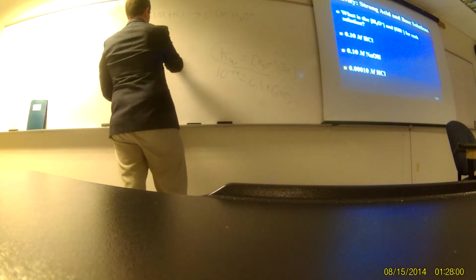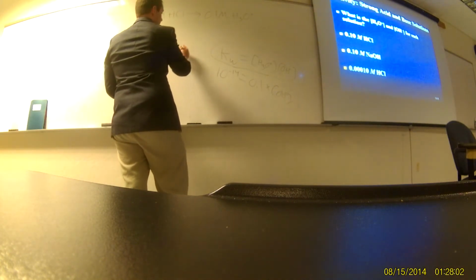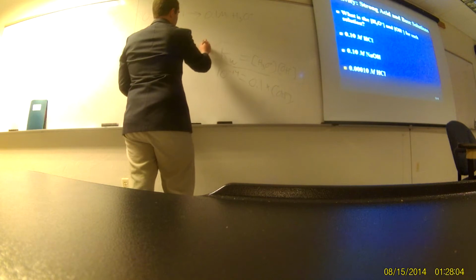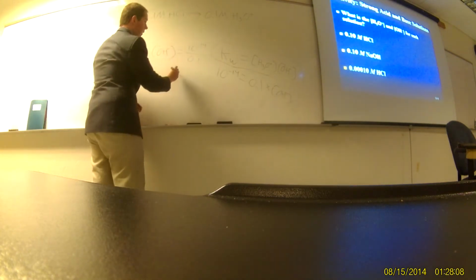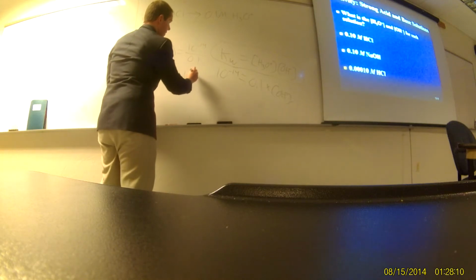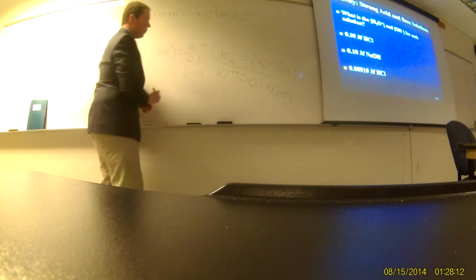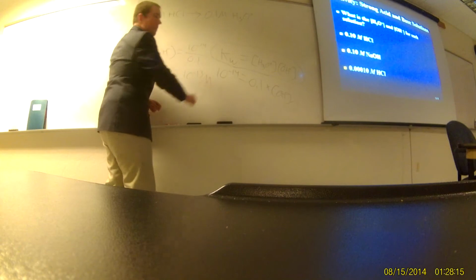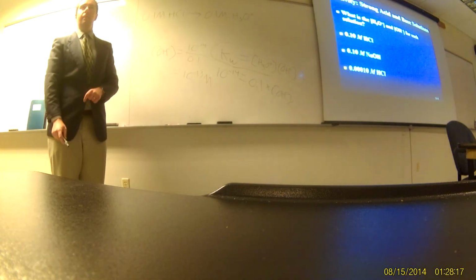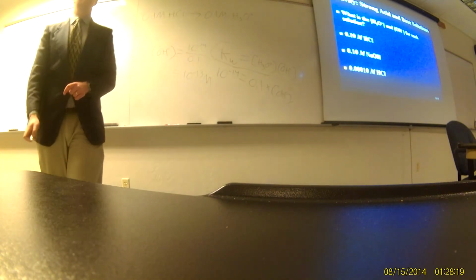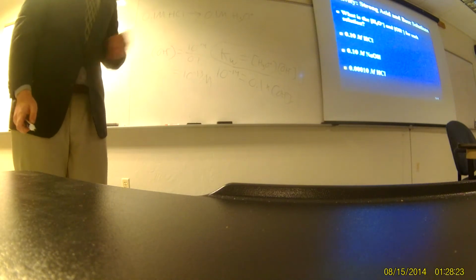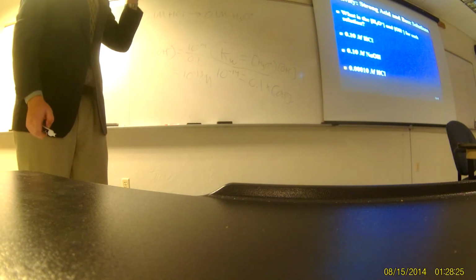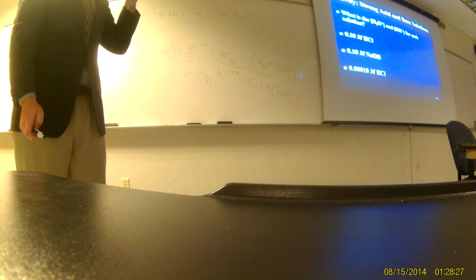So OH minus equals 10 to the negative 14 divided by 0.1, which gives you 10 to the negative 13. Will they always be the same, like 0.1?